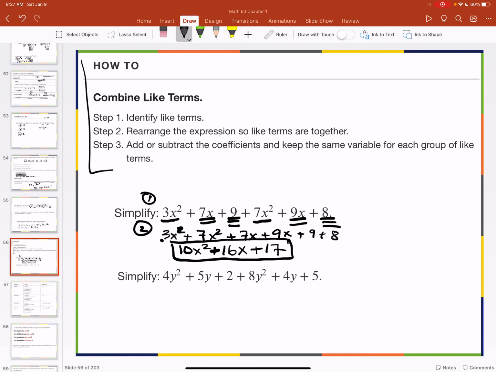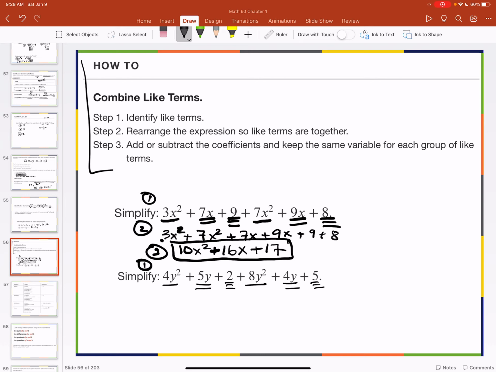Wasn't too bad. All right, so let's do this again. So this is part 3, I guess. Number 1, identify the like terms. This guy and this guy. The y's go with the y's, and the constants go with the constants. Notice that I'm using different types of underlining, but you could do a box, a circle, a triangle, whatever you want, as long as you distinguish between the terms.